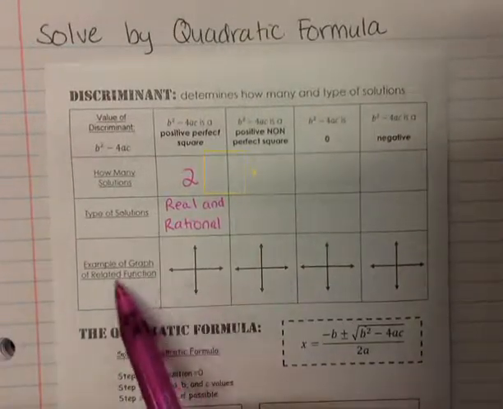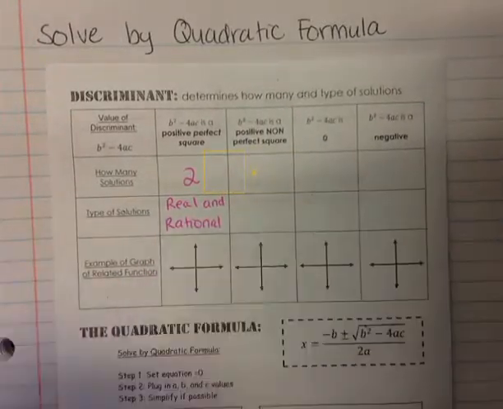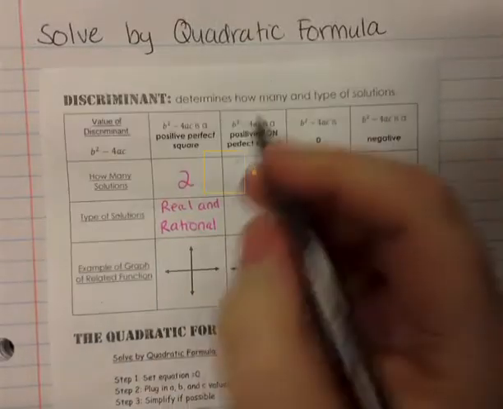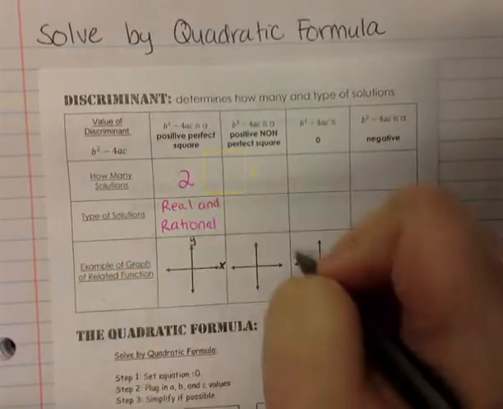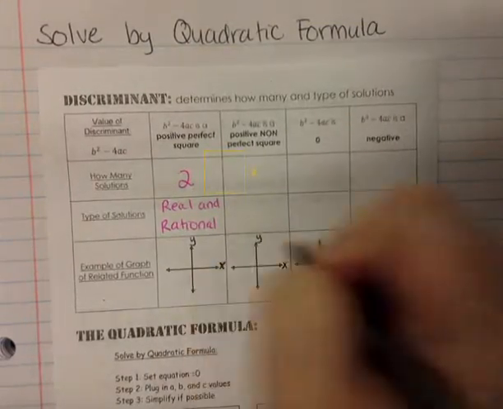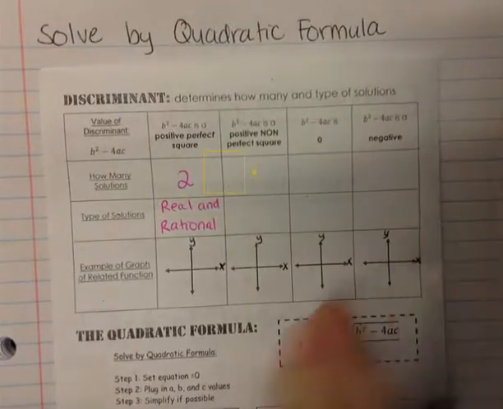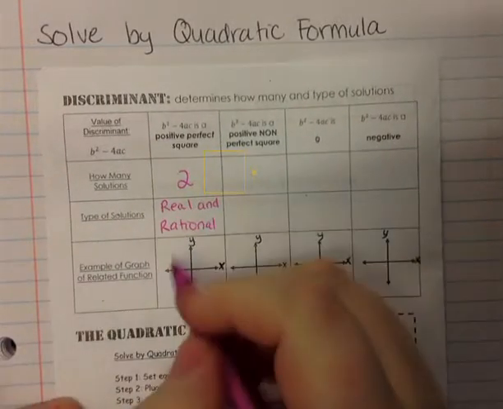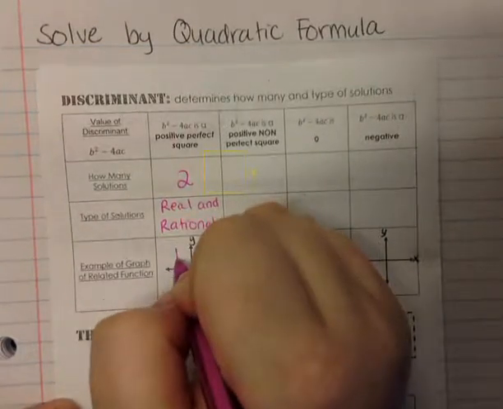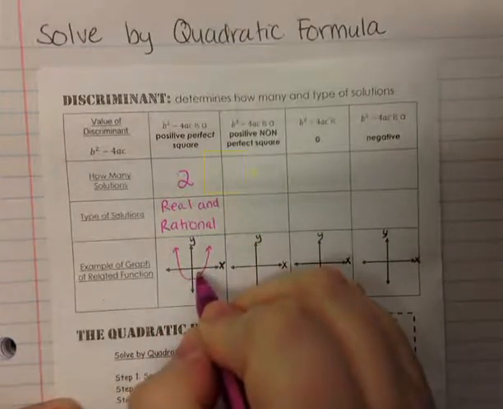So an example of the graph of this related function: all of these will have our x and y on it. So I'll go ahead and put x and y on all of these. I'm not going to focus on the count by on this one because we're not actually graphing anything. This would be a parabola that crosses through the x-axis twice.